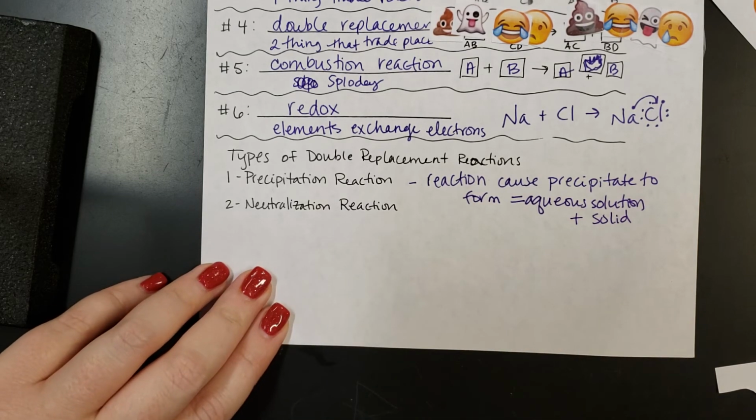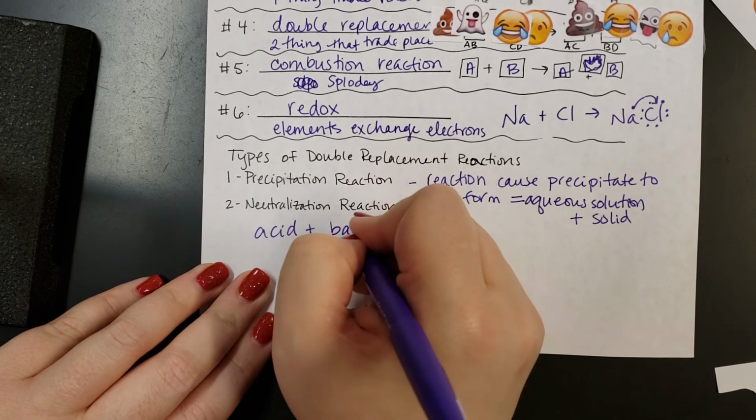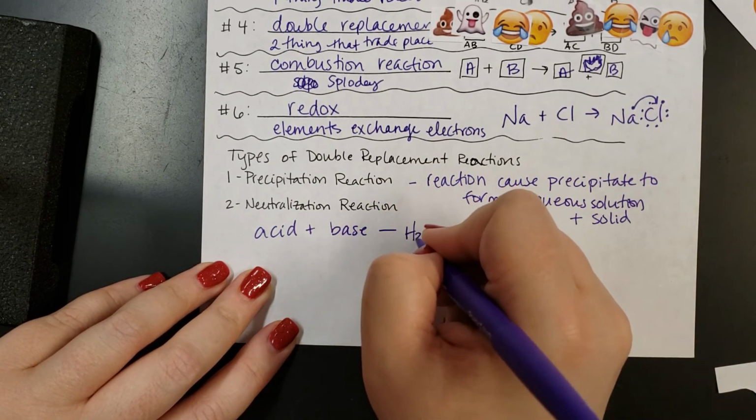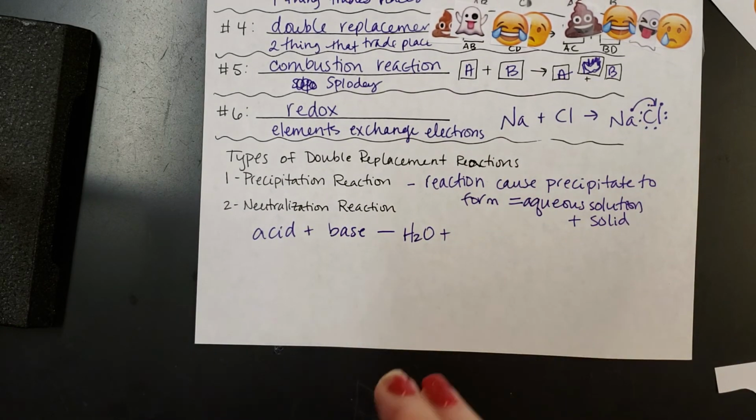And then a neutralization reaction is when you do an acid plus a base and they neutralize each other out, and then usually it creates water and something else, depending on what it is.